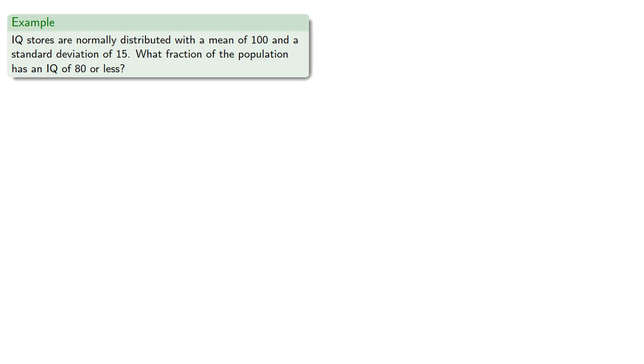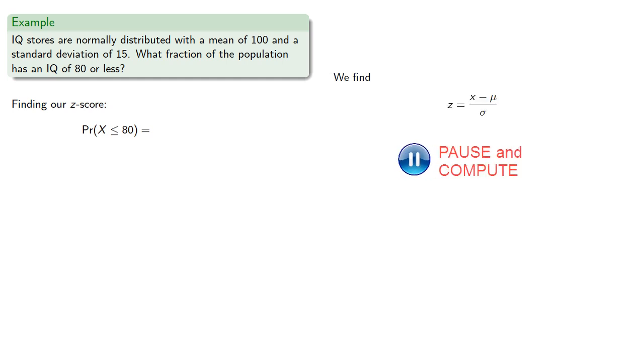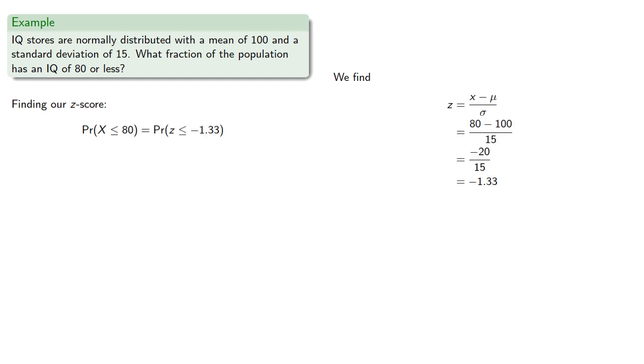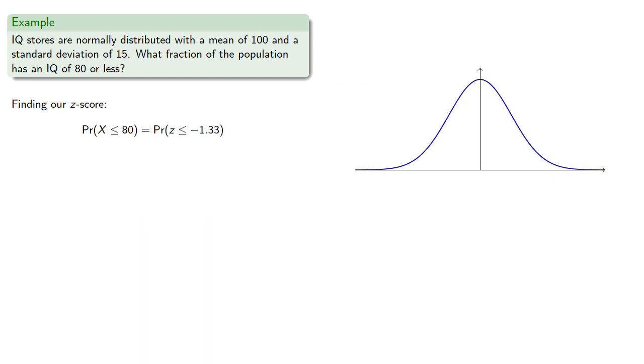Or let's consider IQ scores, which are normally distributed with a mean of 100 and a standard deviation of 15. What fraction of the population has an IQ of 80 or less? So we'll find our z-score for 80, which is negative 1.33, and so that's the probability that z is less than negative 1.33.